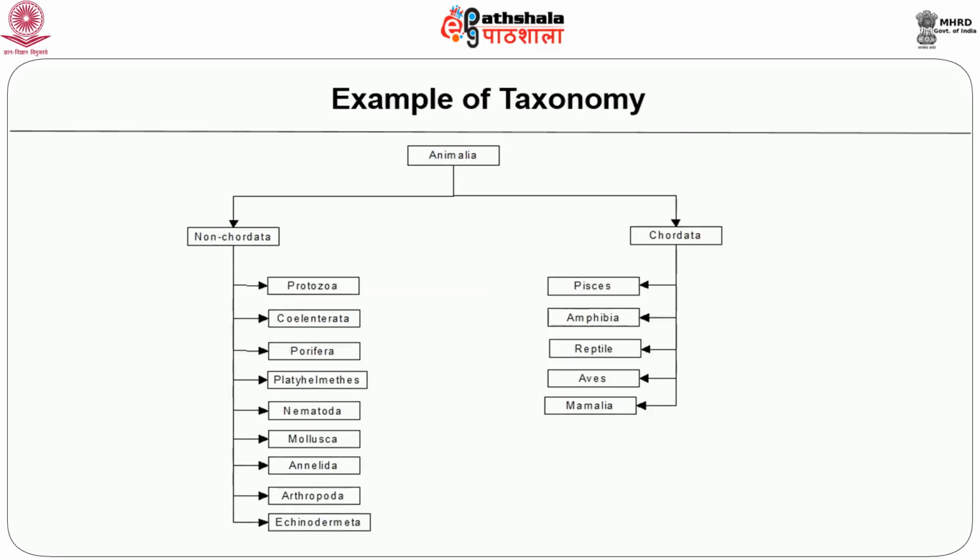You have the Animalia kingdom, non-chordate animals and chordate animals, then fishes, amphibia, reptiles, all this comes into the chordate one. Protozoa, coelentera, porifera, nematoda, all this comes into non-chordate. This is the animal kingdom, something from biology. So how this taxonomy is arranged is shown here.